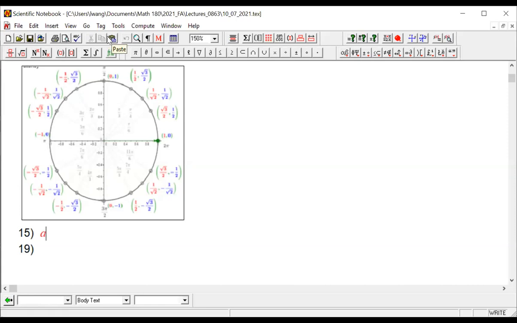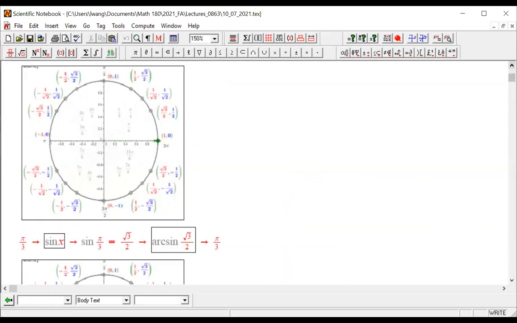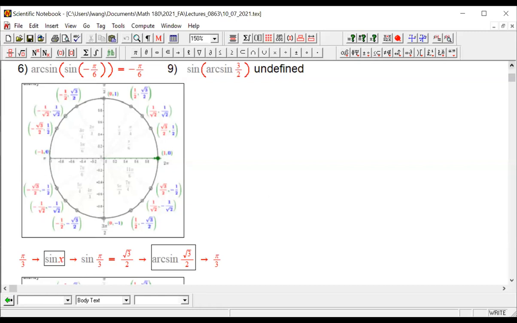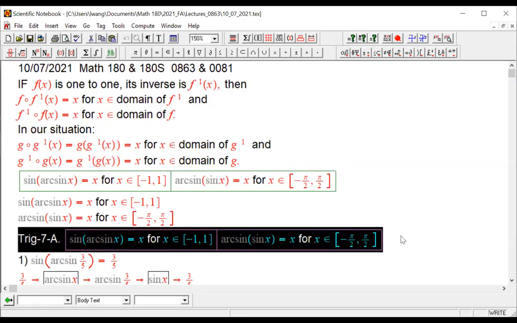Number 15. We have arc sine of sine of 3 pi over 4.